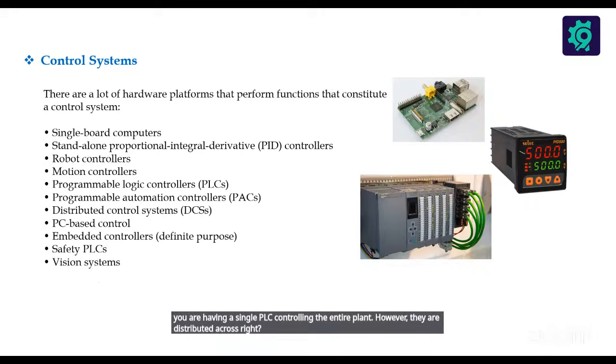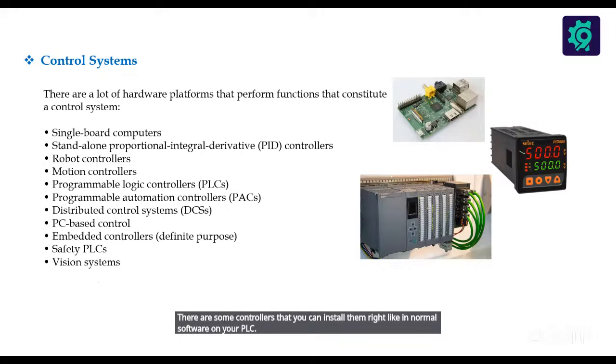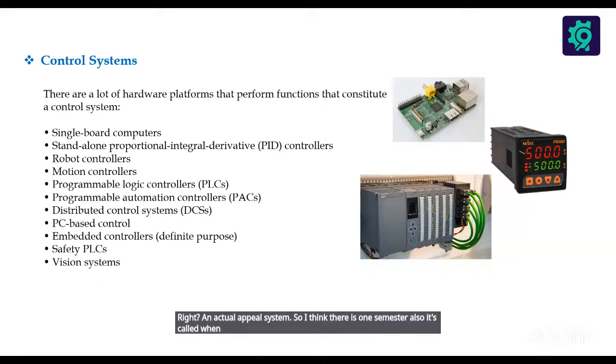So we also have PC-based control, such that there are some controllers that you can install like normal software on your PC. Yes, they are actually software, but they kind of mimic an actual PLC system. I think Siemens also has one, it's called WinAC, or WinLC, right?